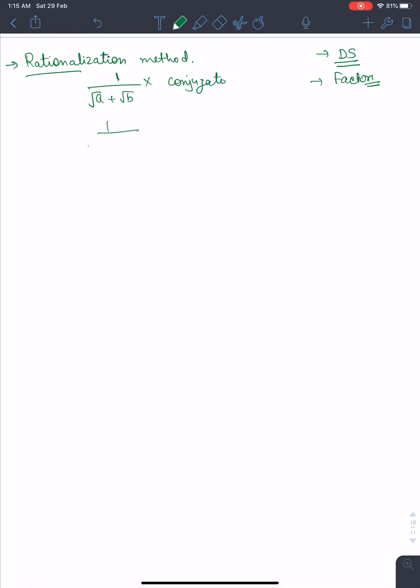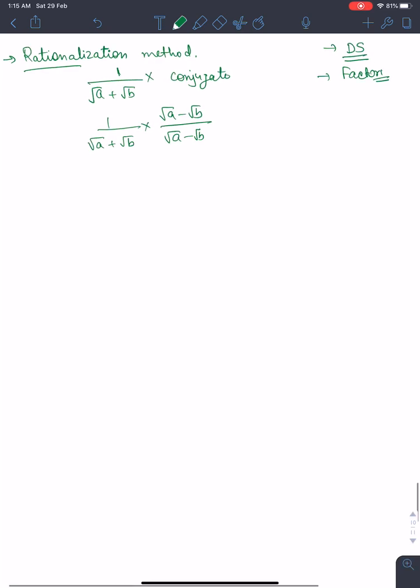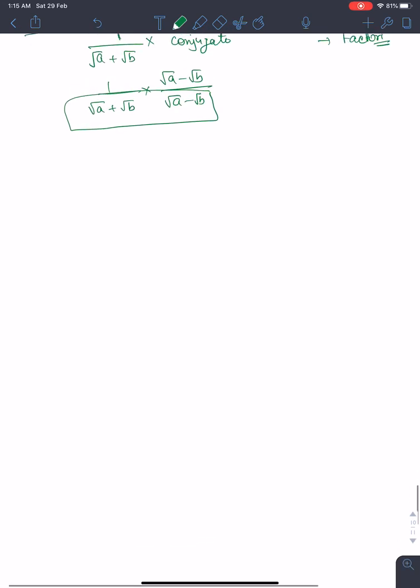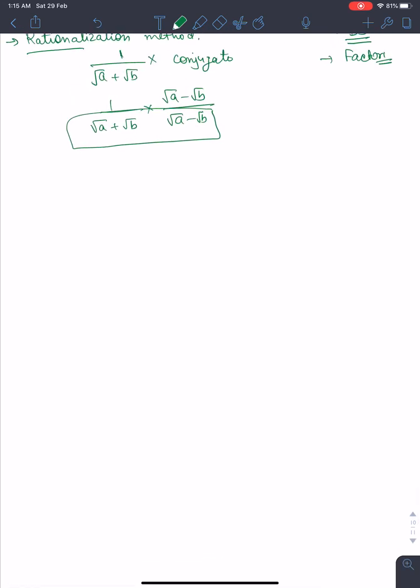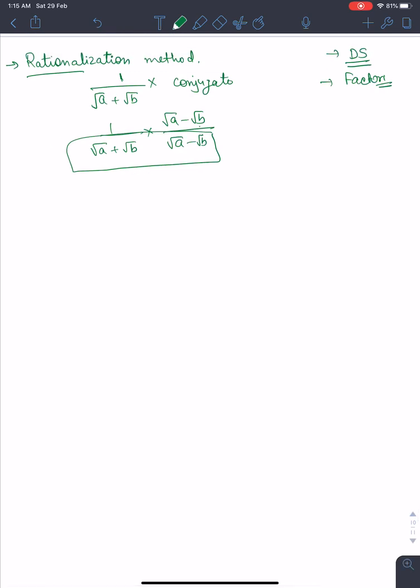That means 1 upon root a plus root b into root a minus root b upon root a minus root b. Basically for these kind of questions we are just rationalizing the denominator like in the 10th class. Either you multiply with root a minus root b or root b minus root a, both are the same thing, both are going to give you the same answer.